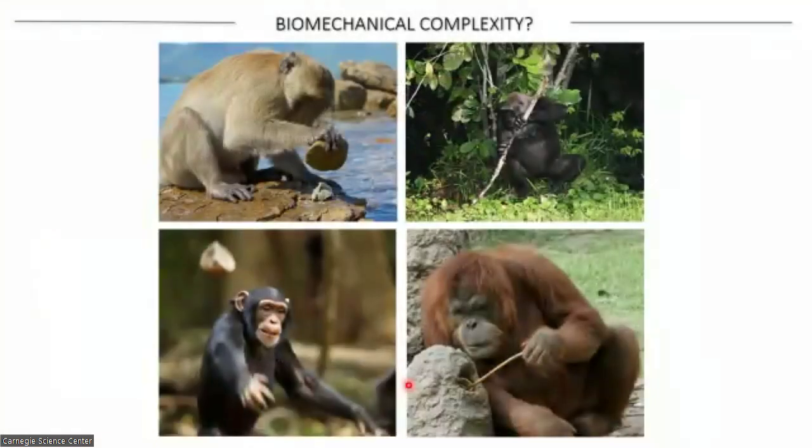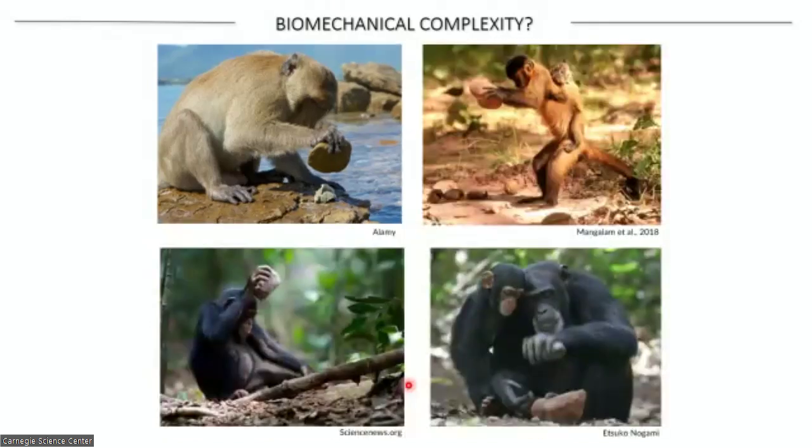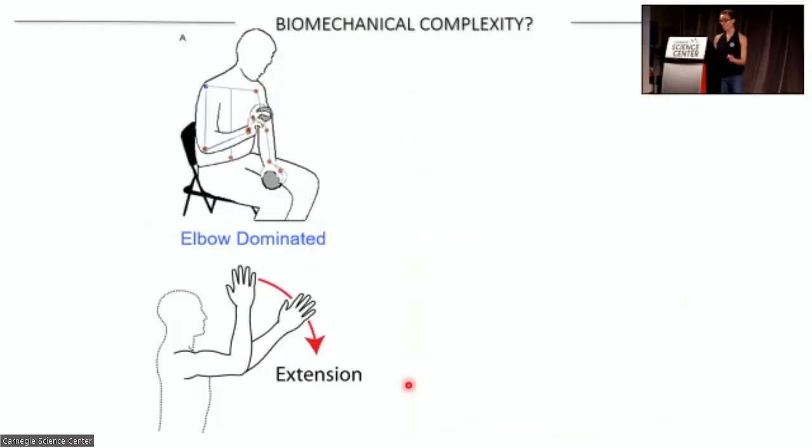Tool use is really widespread in the primate order. And so this strongly suggests that the foundations of tool behaviors long predate hominins or even hominids, any of the apes. Percussive tool use in particular is also present in a lot of species, also suggesting that this type of behavior was present long before humans were on the scene.